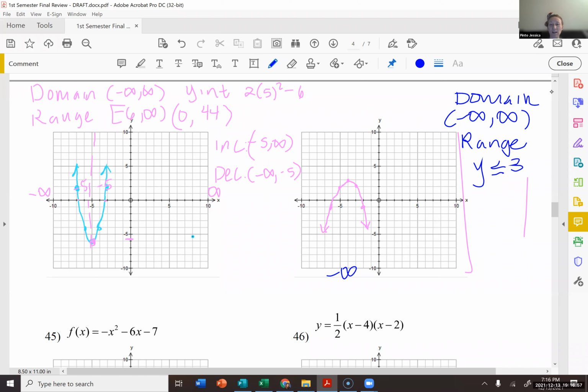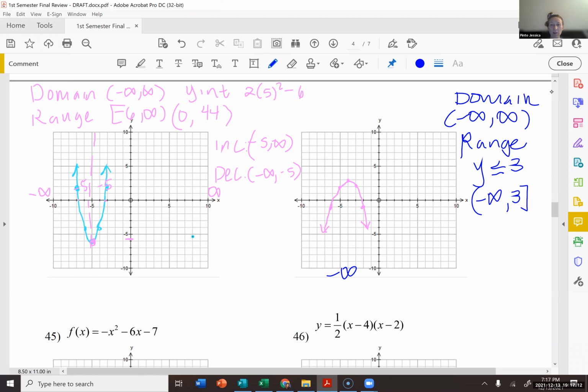I want you to have seen it. And then with the interval notation, we say -∞ until 3. So those are the same.